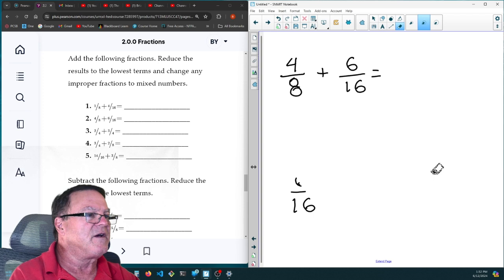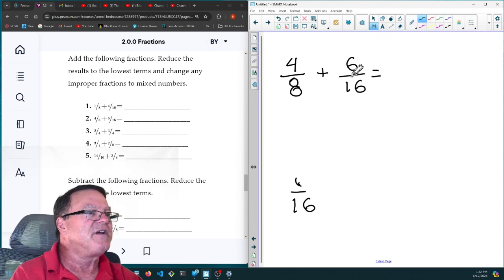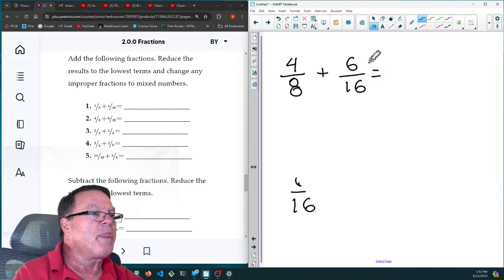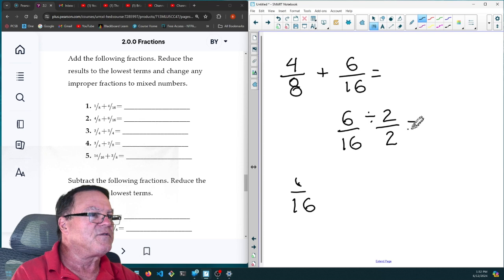We can take 6/16 and change it into 3/8 by dividing 6 by 2 and 16 by 2. So I could get 3/8.